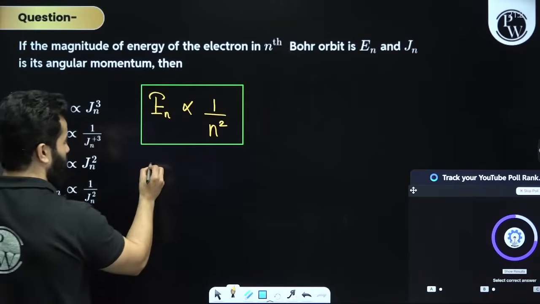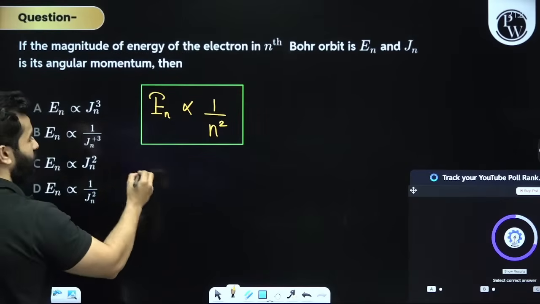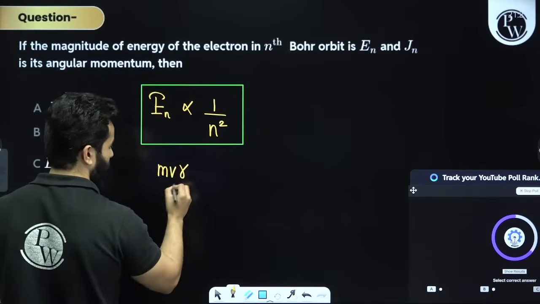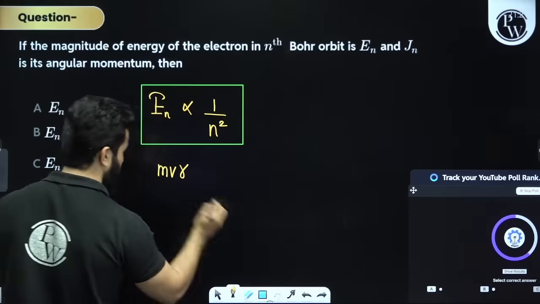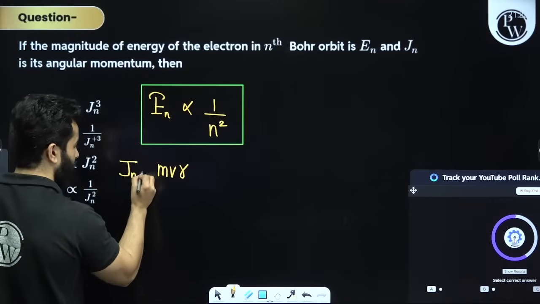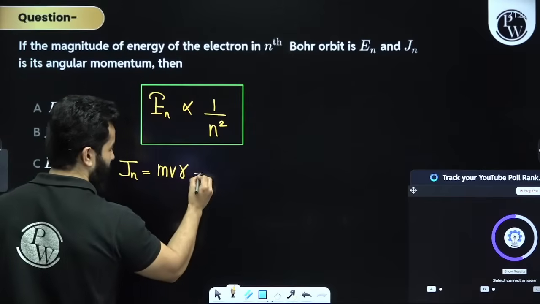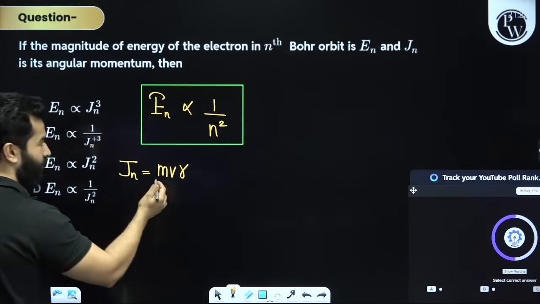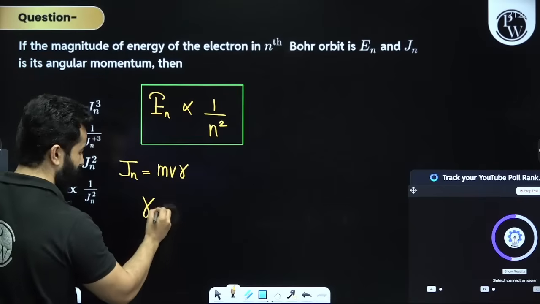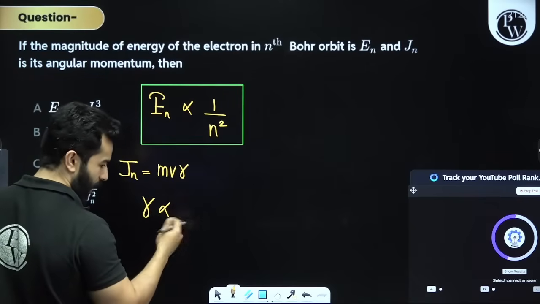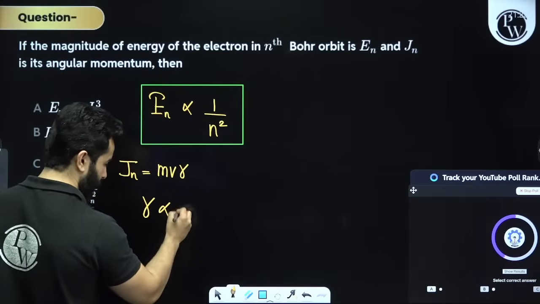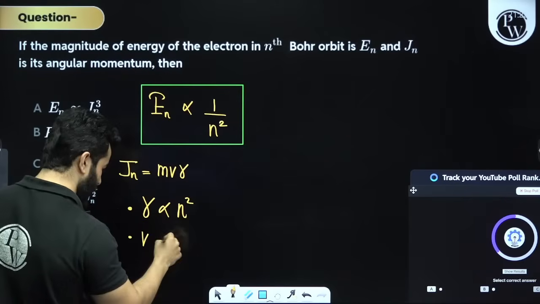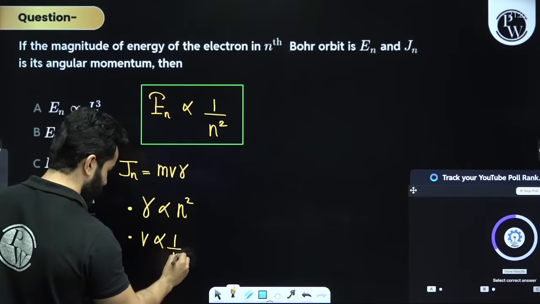And then angular momentum. My dear friends, angular momentum is mvr. That's what angular momentum is, right? Jn. And by the way, r depends upon r naught n square by Z, and v depends upon Z by n, right?